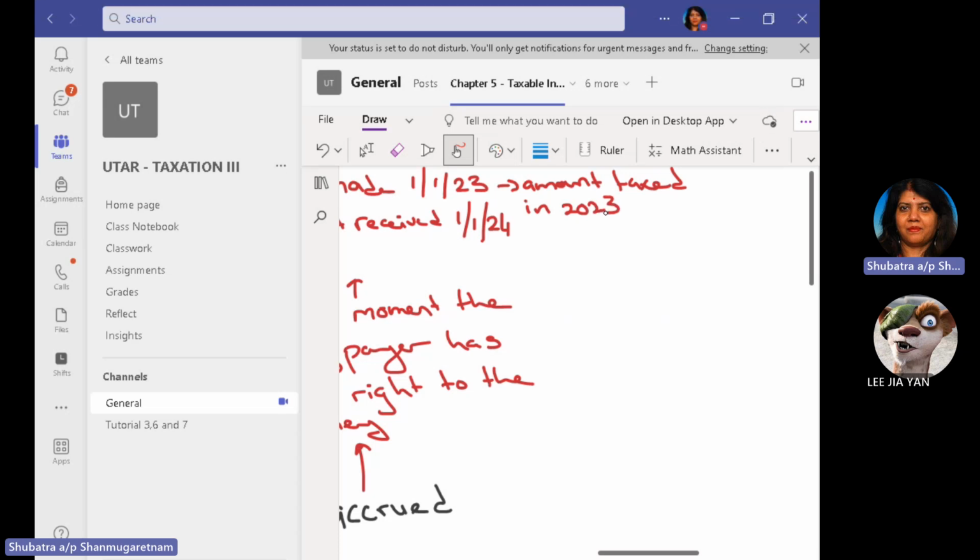Why? Because ownership has transferred in 2023. I now have the right to demand the payment from you at any point of time. All right? So it's not when you pay that you get taxed, it's when you make the sale. The sale was made in 2023, so you are taxed in 2023. So that's what the accrual basis means.